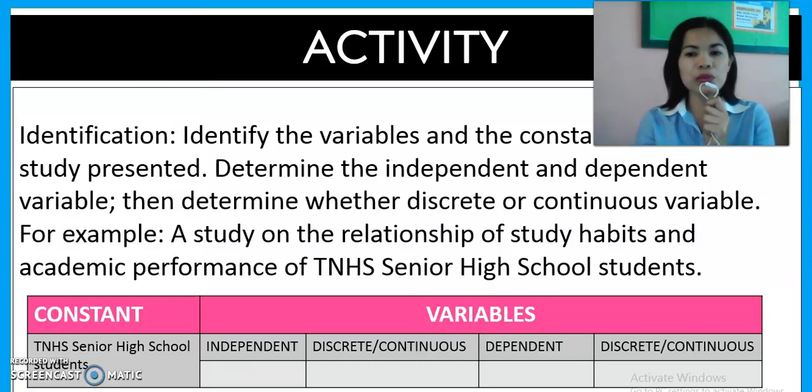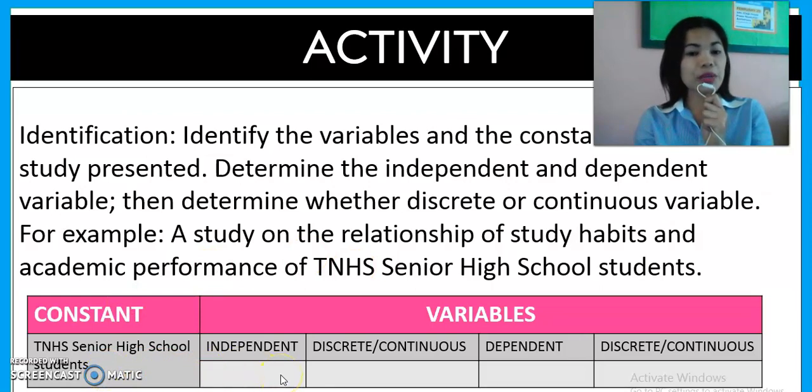What you're going to do is identify the variables and the constant in each title of study presented. Determine the independent and dependent variable, then determine whether discrete or continuous variable. For example, a study on the relationship of study habits and academic performance of teenage senior high school students. The constant is teenage senior high school students.